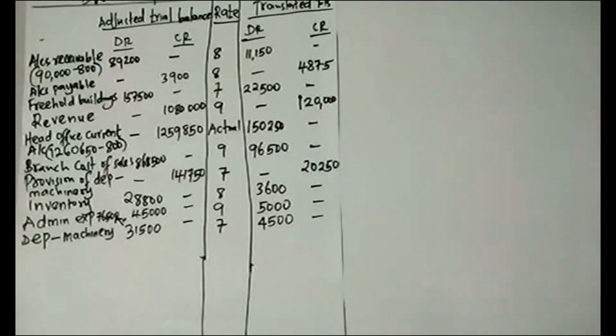So another item I need to translate, which is given under the overseas branch, is the machinery itself. The machinery is 315,000. The machinery uses the relevant rate on purchase of building and machinery, which was given as 7. So this one will be direct, because this is 45,000.